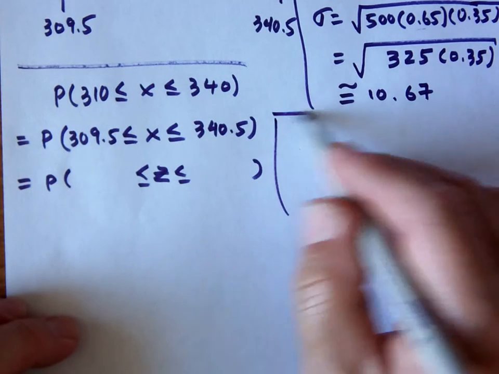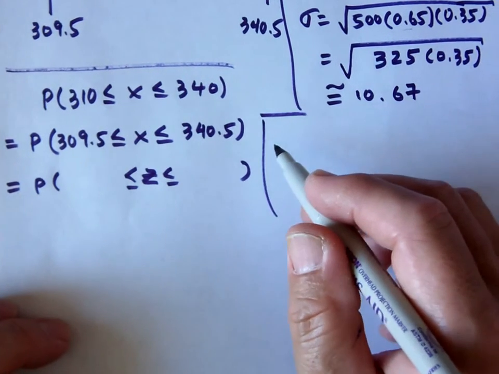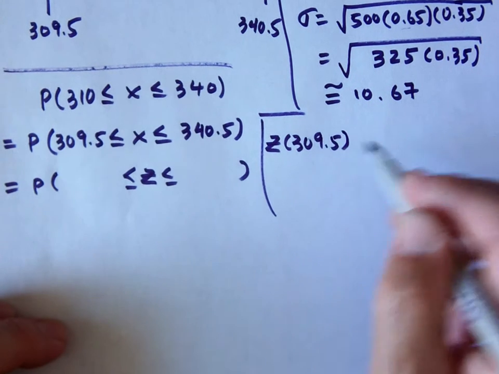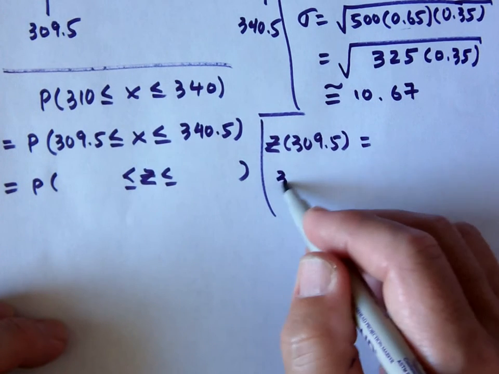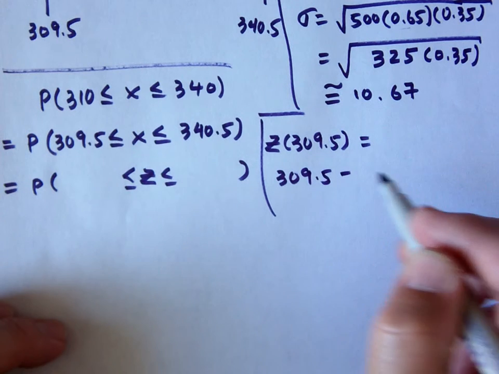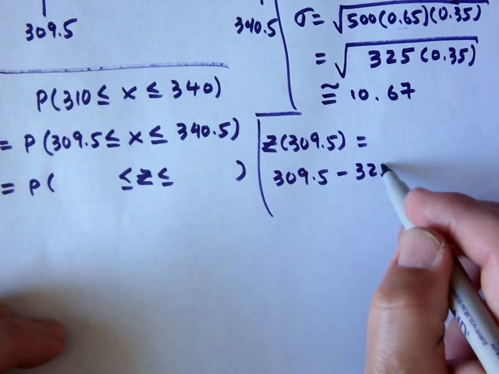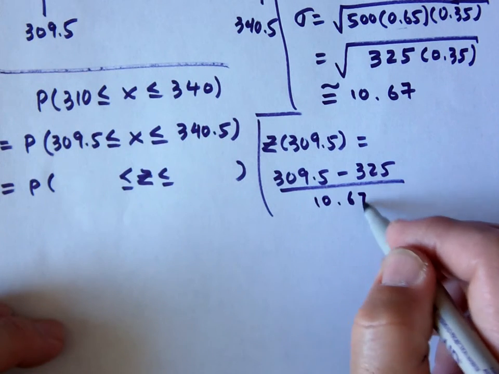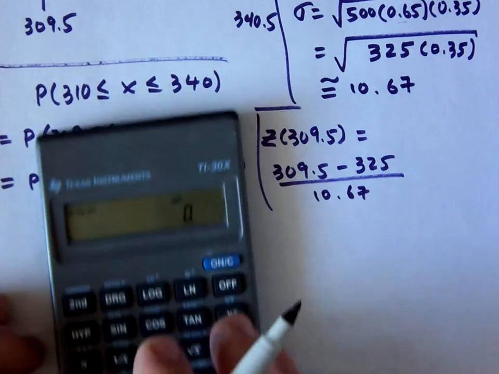Z of 309.5 should equal 309.5 minus the mean of 325, divided by the standard deviation of 10.67. Let's put that in the calculator.